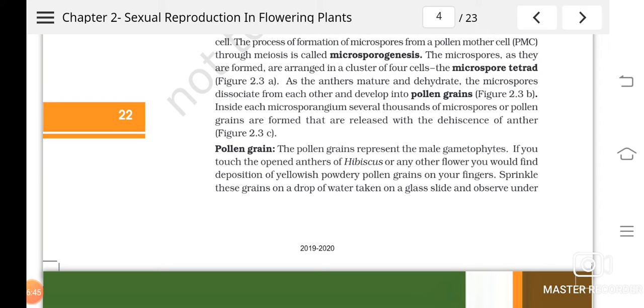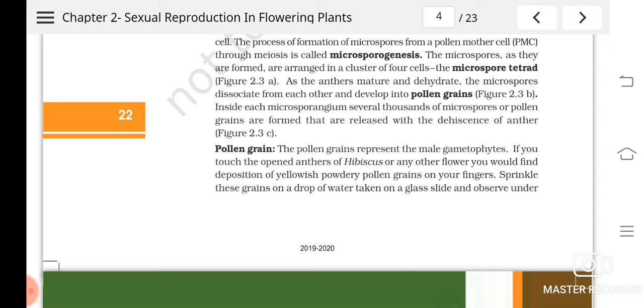And when the anthers mature, in the 4 sides, the sporogenous tissue contains cells, and each cell acts as a pollen grain mother cell. They undergo meiosis and form pollen grain tetrads. Okay, and these pollen grains will get separated, or dissociate from each other, and develop into pollen grains.